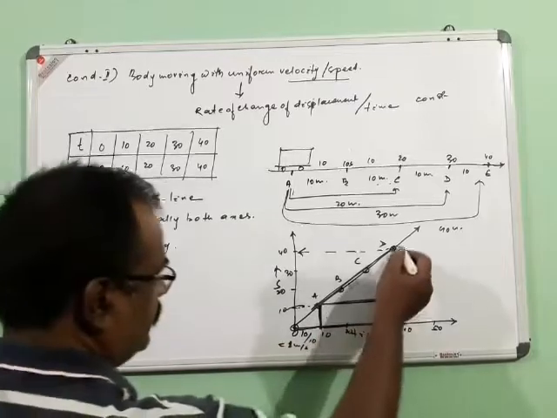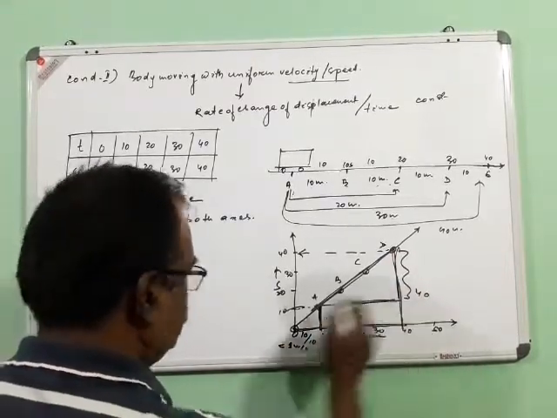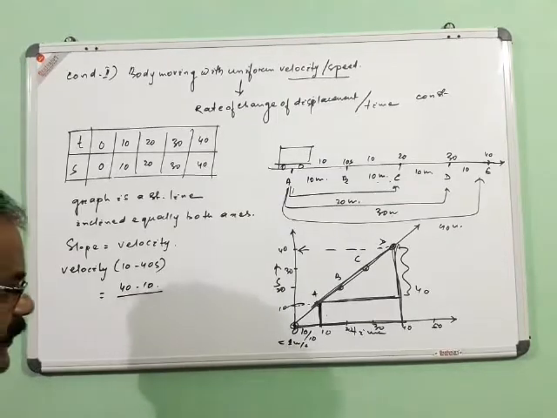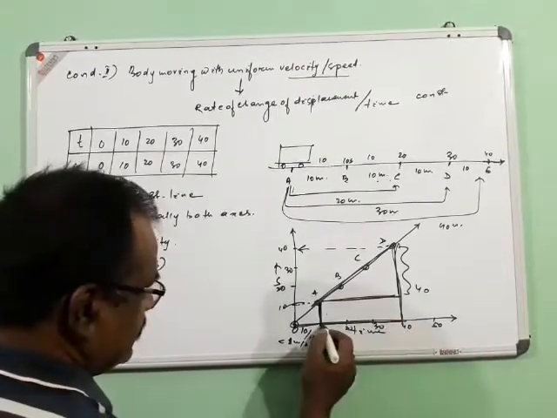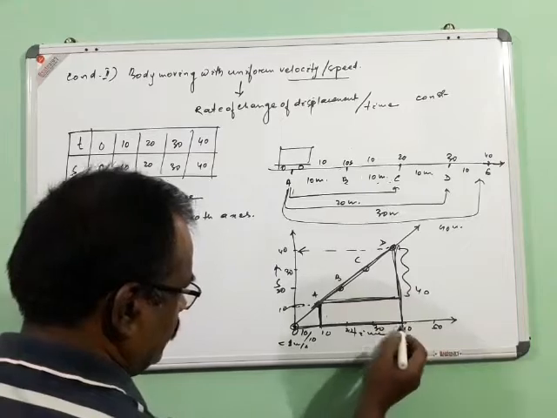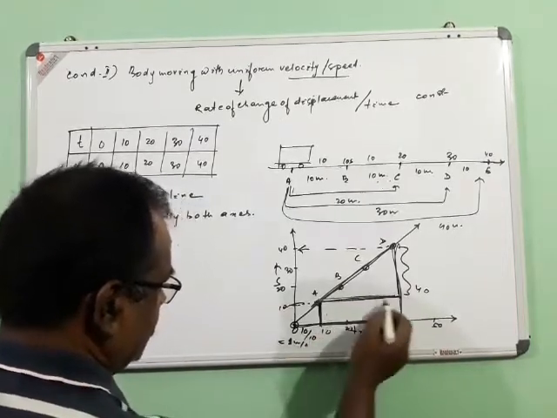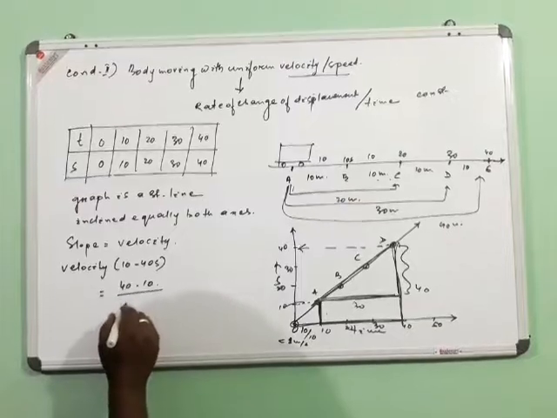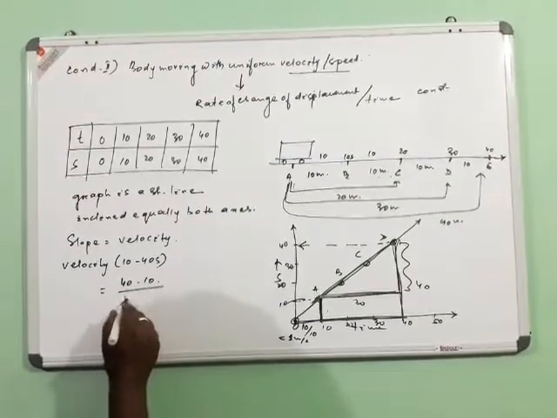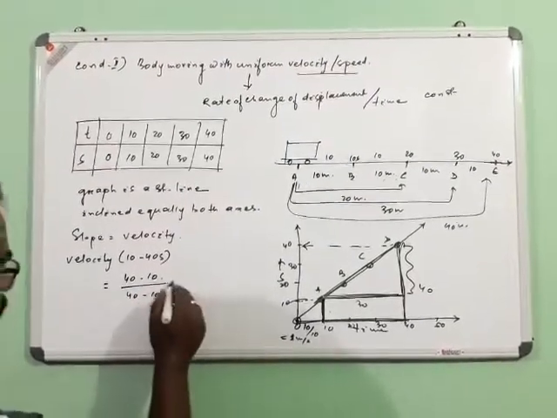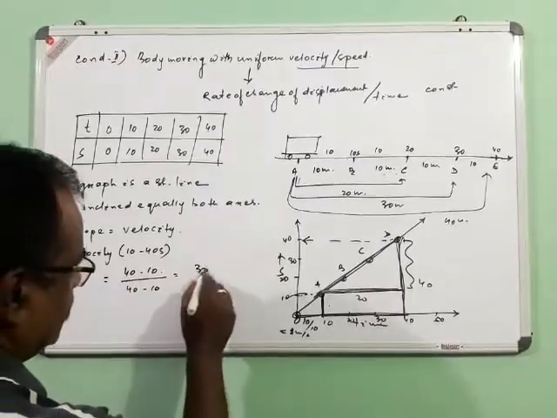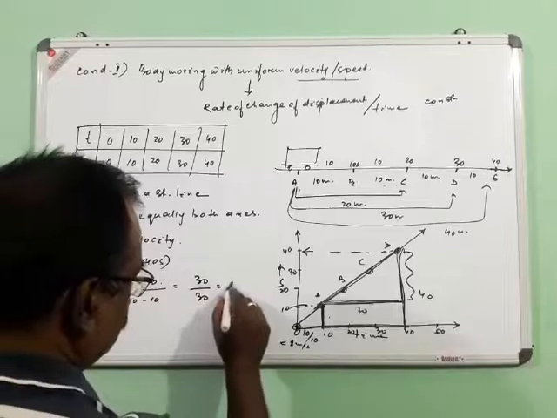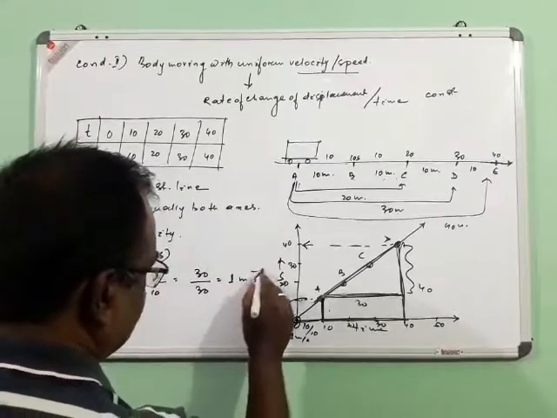That is equal to 40 minus 10, which is 30, divided by the time difference, 40 second minus 10 second, which is also 30. So we get 30 upon 30, which becomes 1 meter per second.